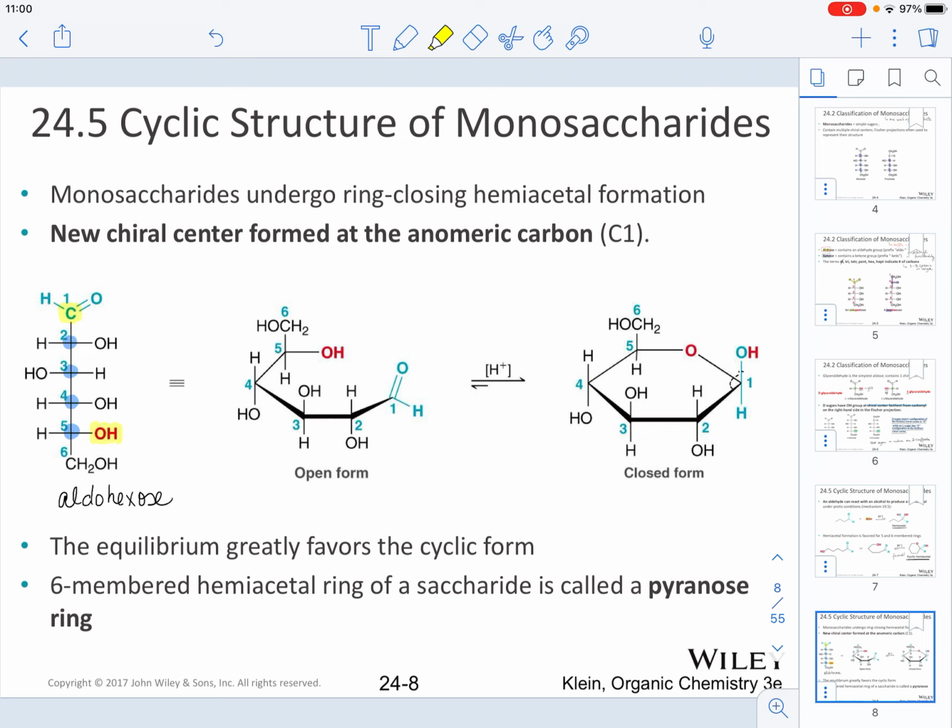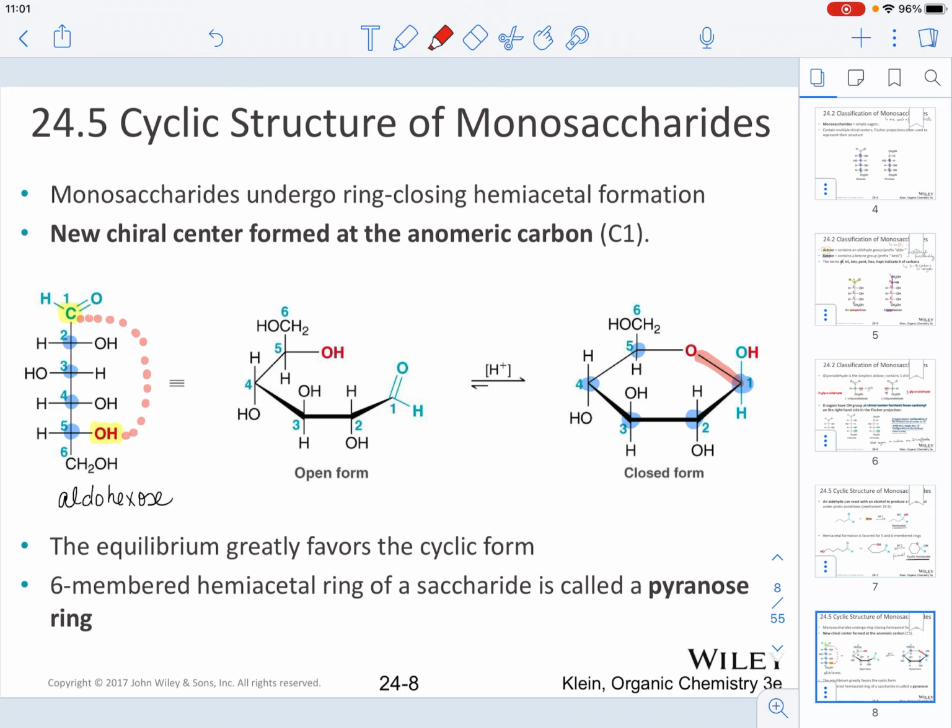If we now count the chiral centers present in the molecule, we started with 1, 2, 3, 4, and the new sigma bond, in other words the new bond that is formed right here between this oxygen atom and the carbon in the carbonyl, creates a new chiral center.